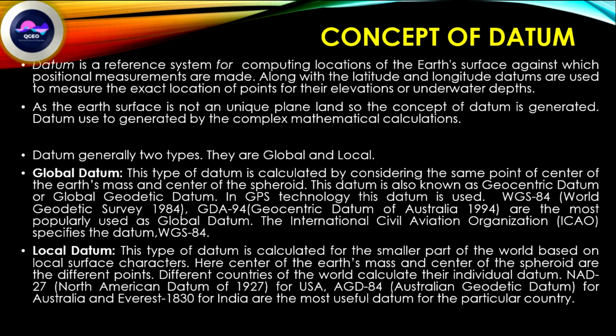NAD 27, where NAD stands for North American Datum of 1927, for the USA; AGD 84, where AGD stands for Australian Geodetic Datum, for Australia; and Everest 1830 for India are the most useful datums for the particular country.